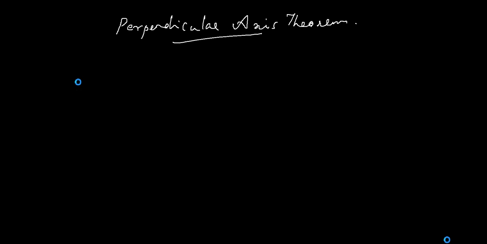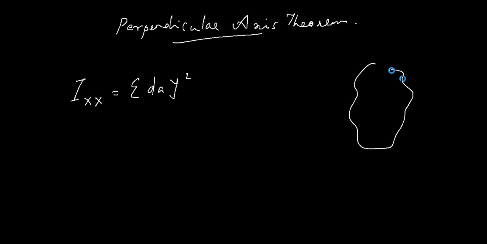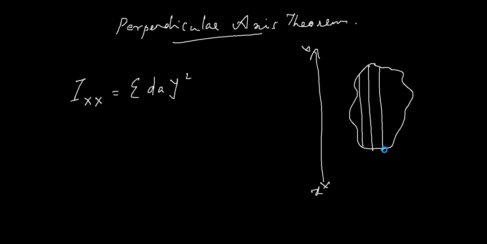We discussed the moment of inertia about an axis, say for example, x-axis, is summation of dA y square, where you have an area, and if you want to find the moment of inertia of that area about, say, this axis, let's call this x-axis, and then you divide this into too many small areas, and you find the area of each of these portions, and what you have is Ixx, that is the moment of inertia about the x-axis, is summation of these small areas into the square of the distance to the area.